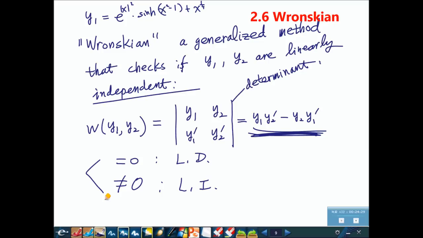So that's the Wronskian. And I told you this is the most generalized method, right? So it's not only second order, we can expand it to nth order.